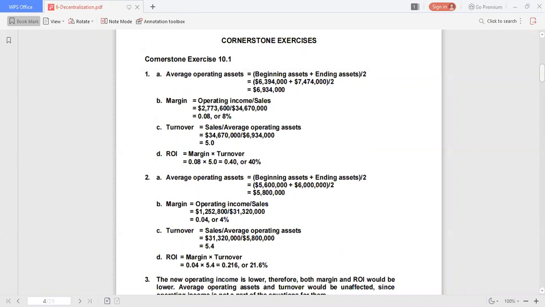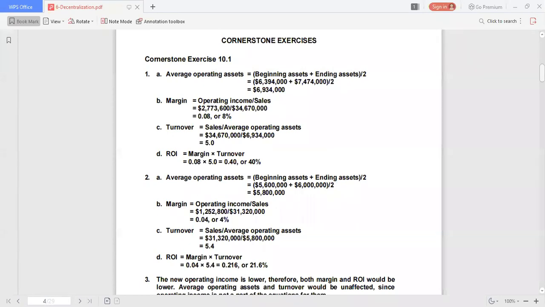So we have 6934 millions. That is your average operating assets.